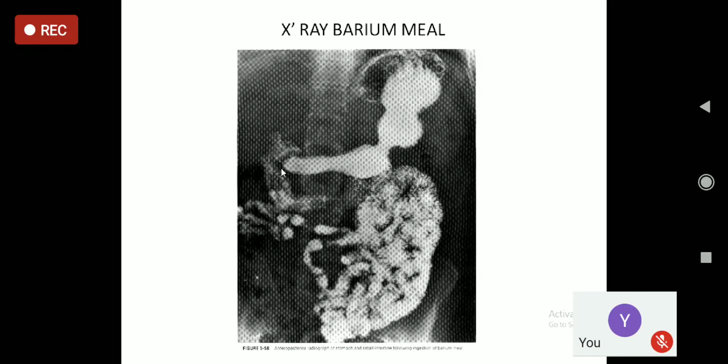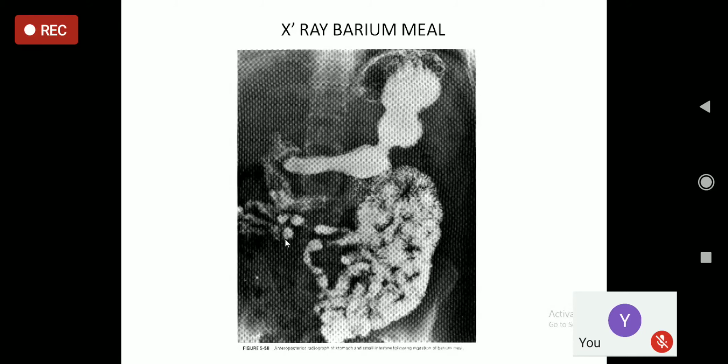And this picture shows the barium meal. Last time when we talked about the esophagus, we showed you the barium swallow. Barium swallow is simply a small amount of barium sulfate solution is swallowed and the X-ray is taken. Contrast X-ray is taken. That is barium swallow, which is done mainly to visualize the esophagus. While if we need to visualize the stomach and small intestine, the procedure of barium meal is performed.